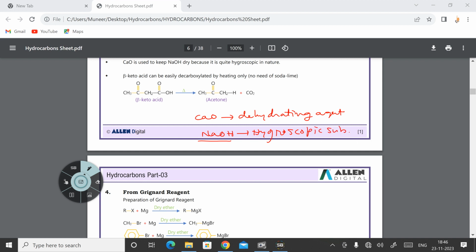Hygroscopic substance means which absorbs water molecules when exposed to air or atmosphere.